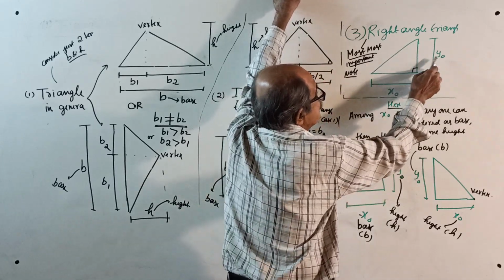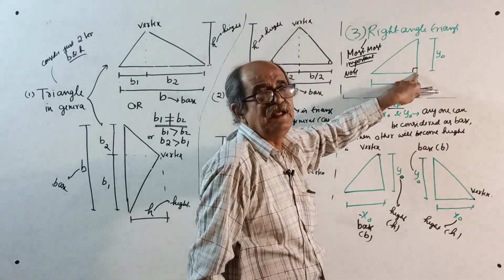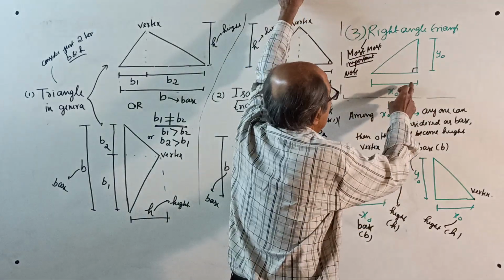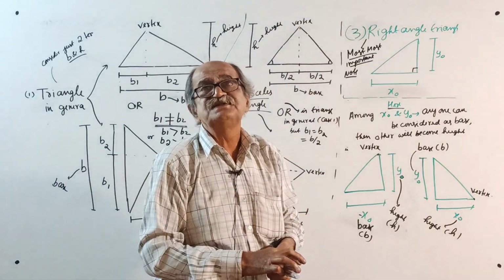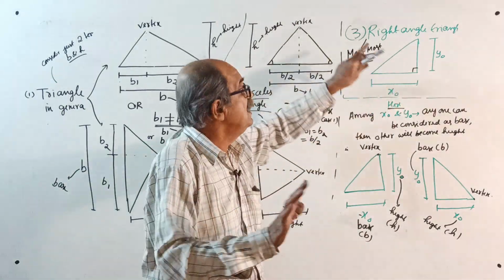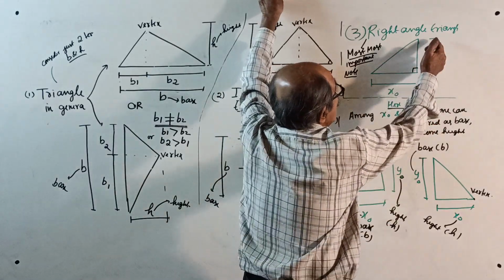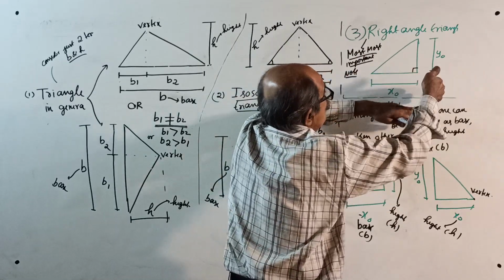The two sides which meet at the point where the angle is 90, those are x0, y0. Here, x0 I am marking horizontal, so x0, not x, because x stands for variable. Still I have not used base and height. If this is x0, this is y0. You write here, horizontally x0, vertically y0.